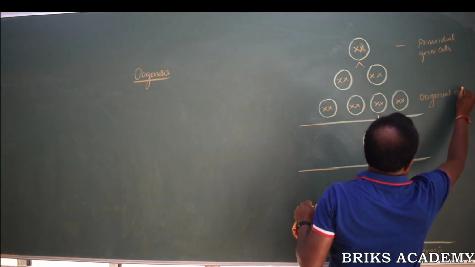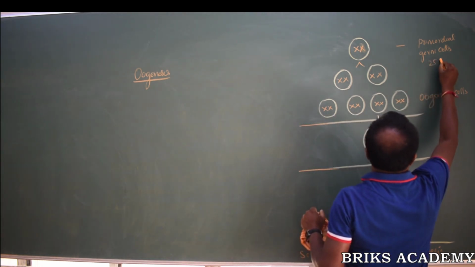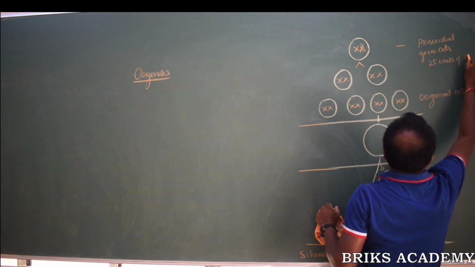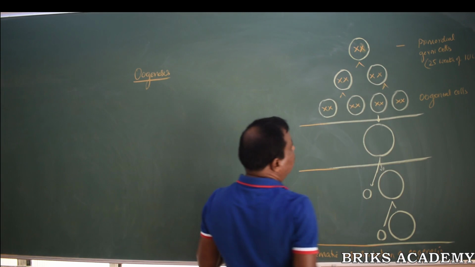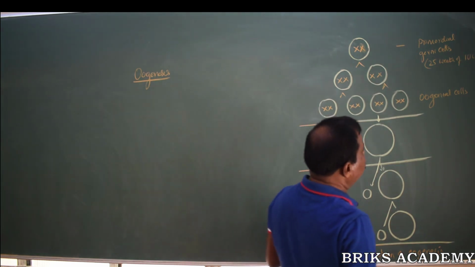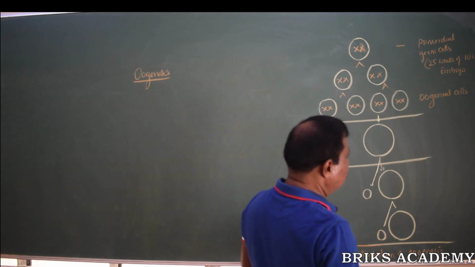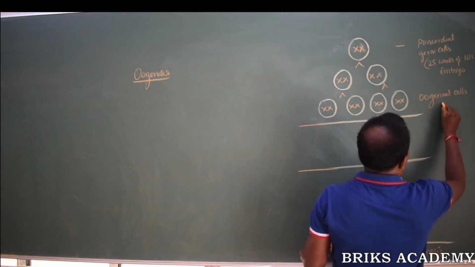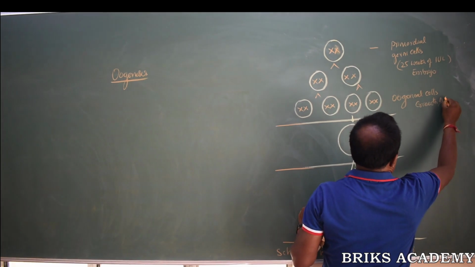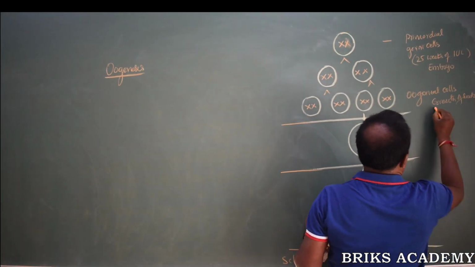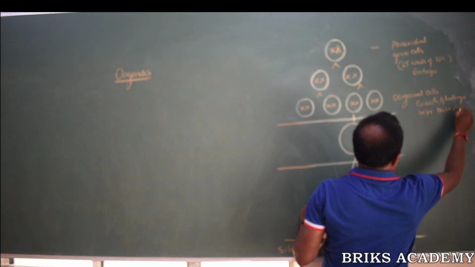Oogonial cells are diploid in nature. The primordial germ cells undergo multiplication during the development of the embryo, around 24 weeks of intrauterine life, and the oogonial cells are formed at the time of growth of the embryo, that is before puberty, during childhood.